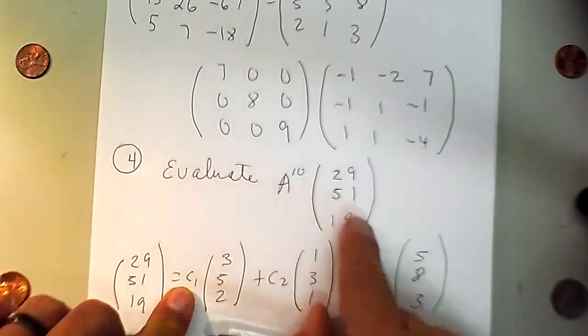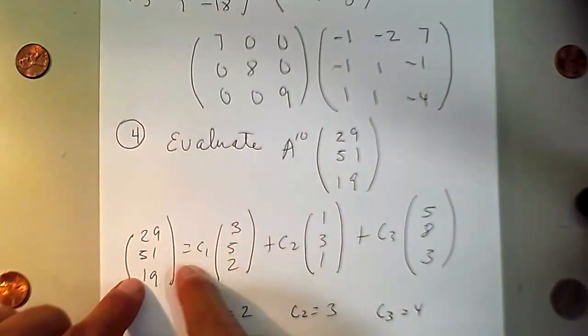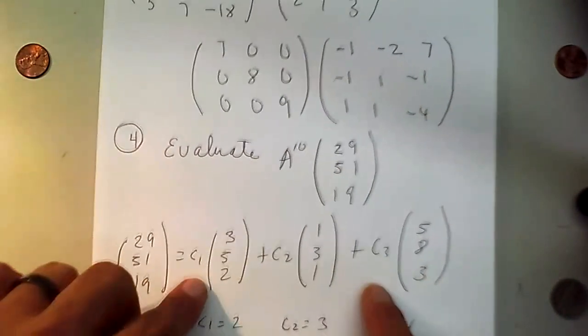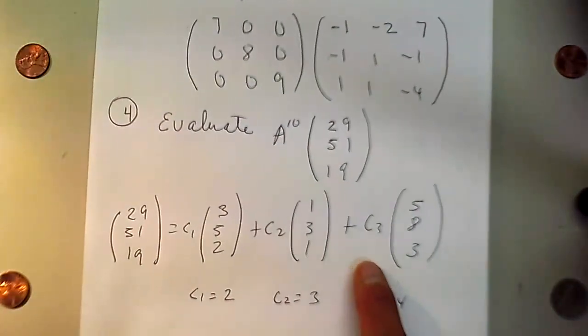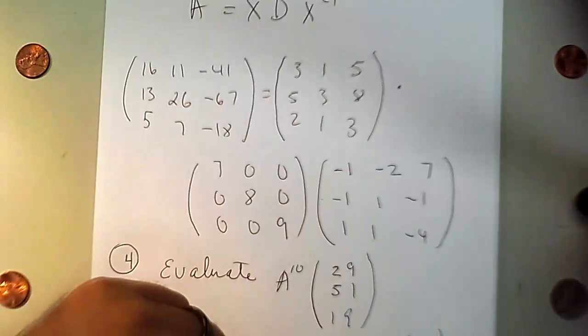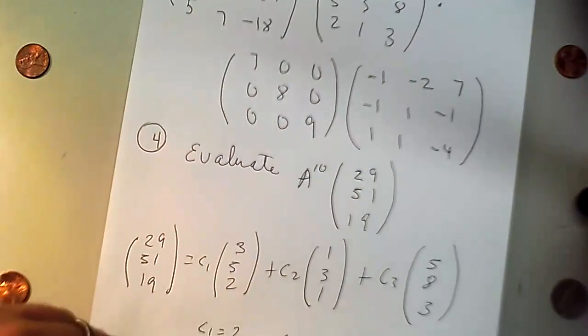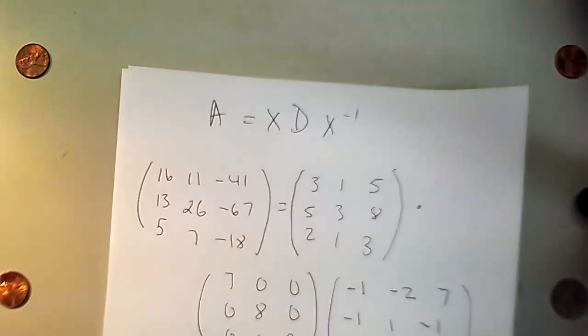So this is the original problem, and this is a follow-up from example number 3. Set it up using the columns that are the eigenvectors. Once you have that, the problem is very, very straightforward.